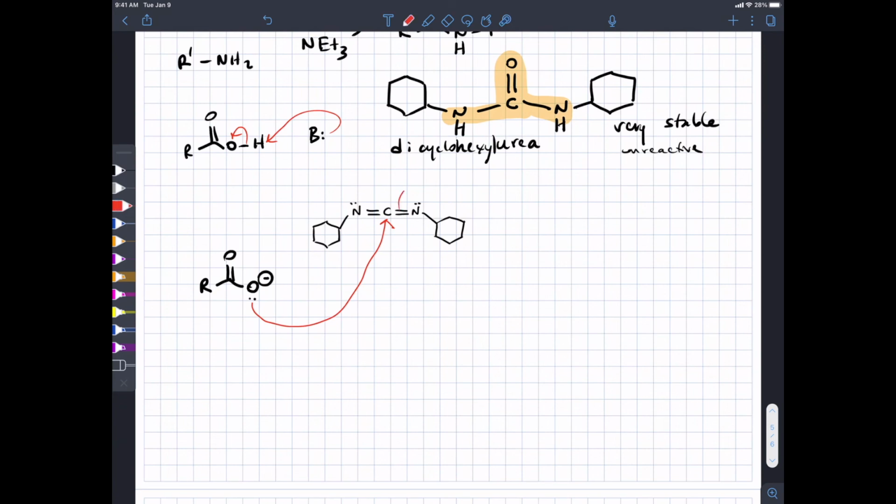We're breaking one of the two carbon-nitrogen pi bonds and picking up a proton on the resulting nitrogen from some acid group. Maybe it's another carboxylic acid, maybe it's the conjugate acid of this base. We don't care.